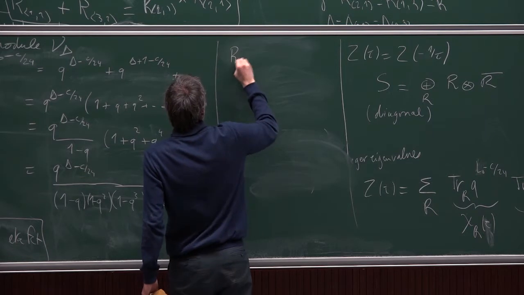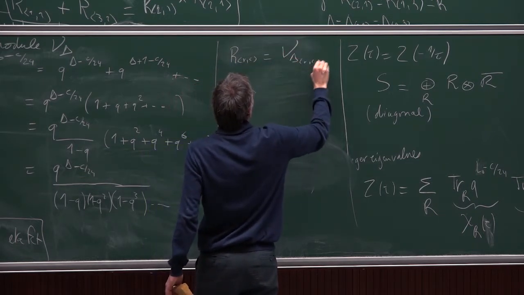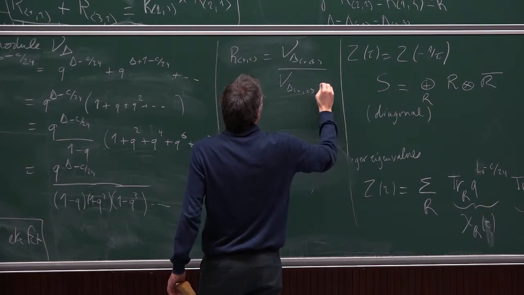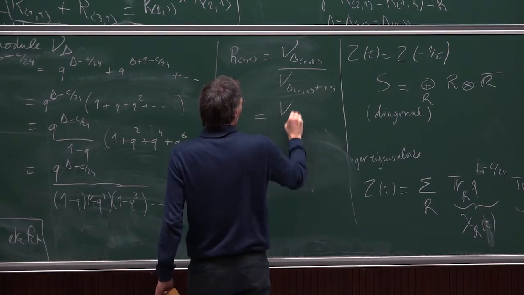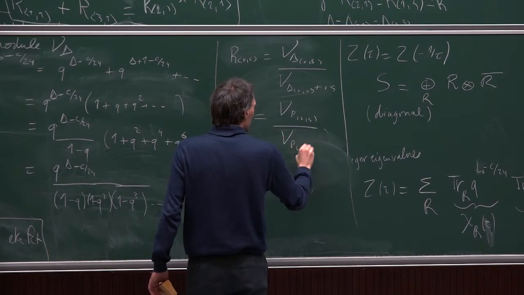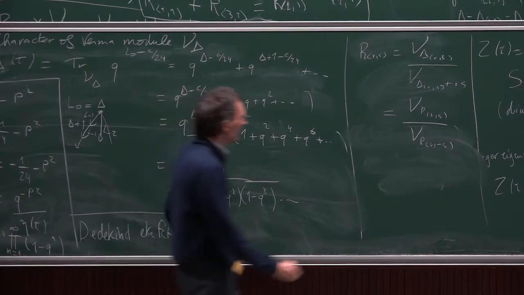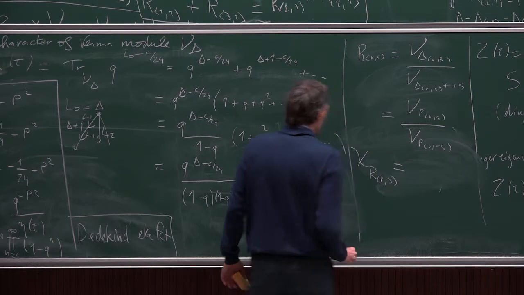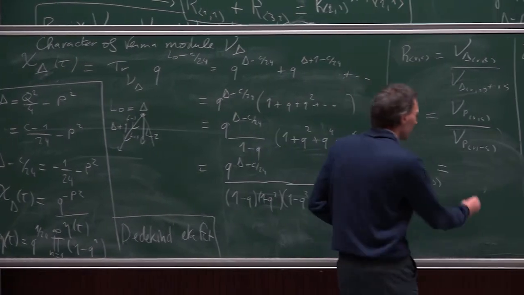So this degenerate representation is just V delta RS divided by V delta RS plus RS. Well, it's better to write it in terms of momentum, so VPRS, and actually that's VPR minus S. So the character of these degenerate representations is just the difference of the characters of these two Verma modules.